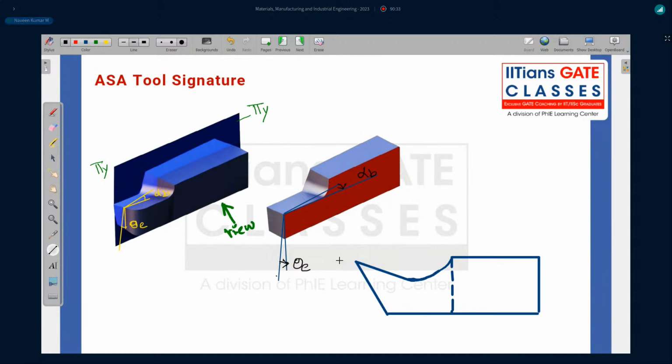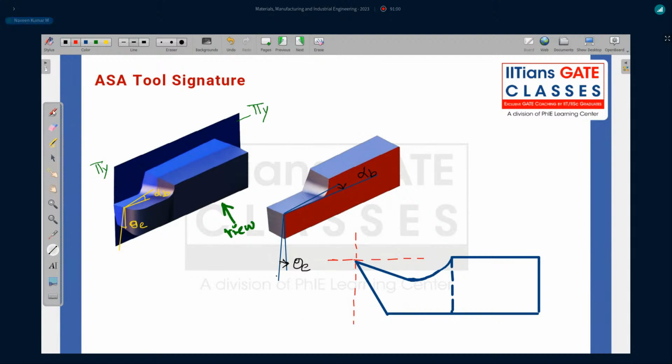Okay. So let me make the reference plane first. Right? These are the planes.